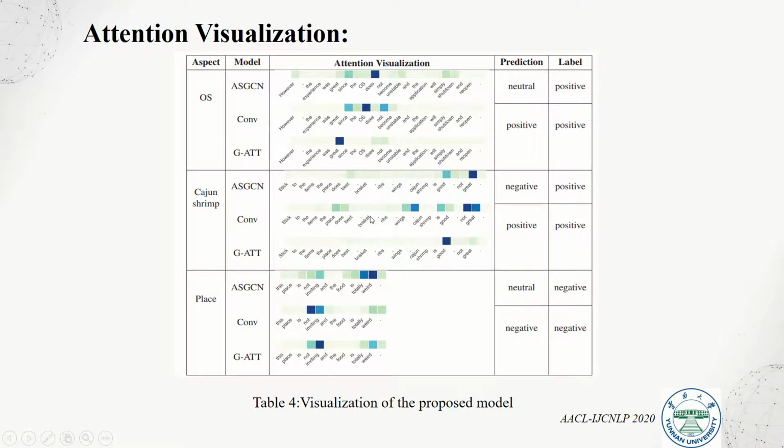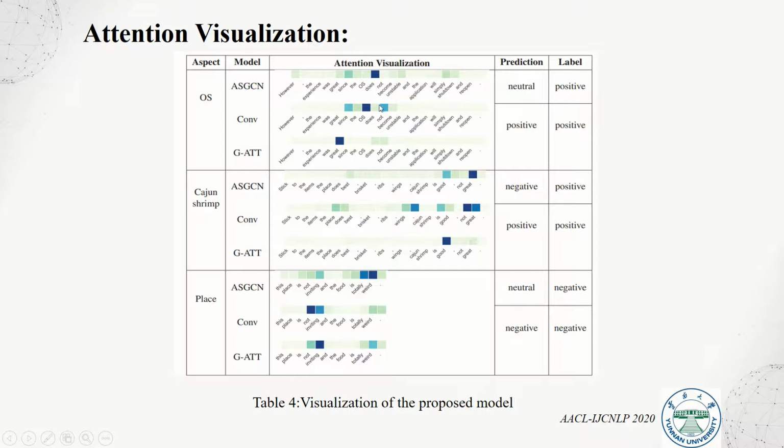Attention visualization. A deeper color indicates that more weight is assigned to the token, according to its contribution to the final classification. As indicated, ASGCN allows syntactically unrelated words to be associated with the target aspect, such as great for OS, good for Cajun shop, and totally weird for place.